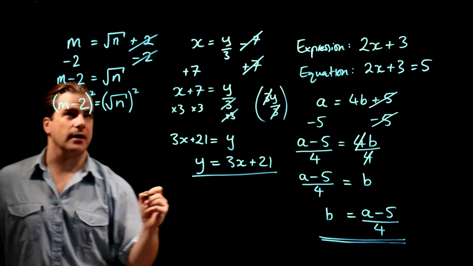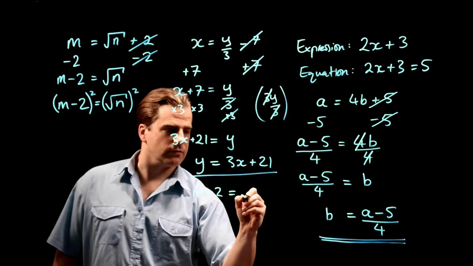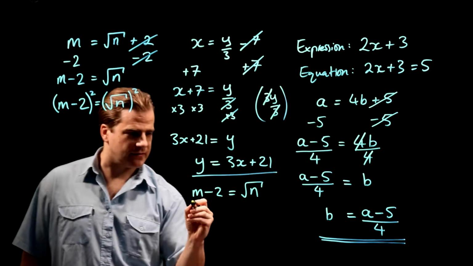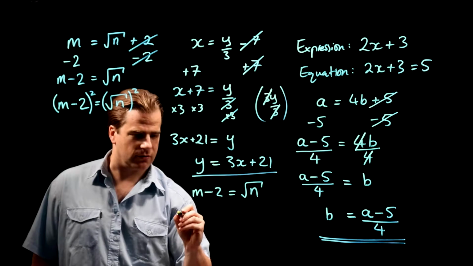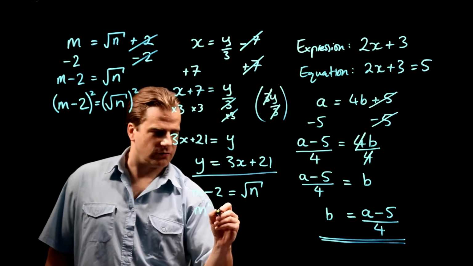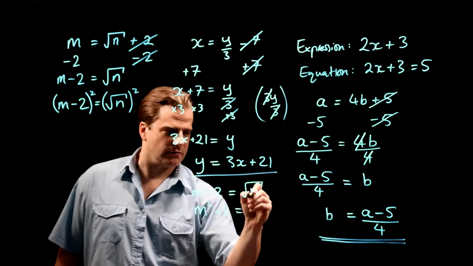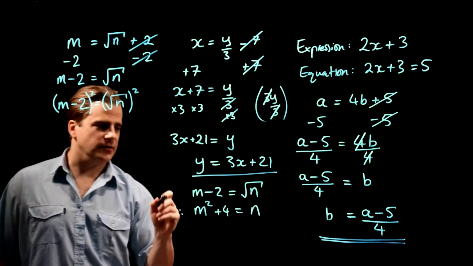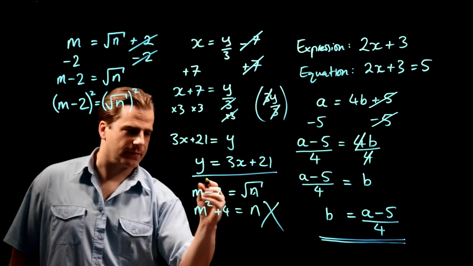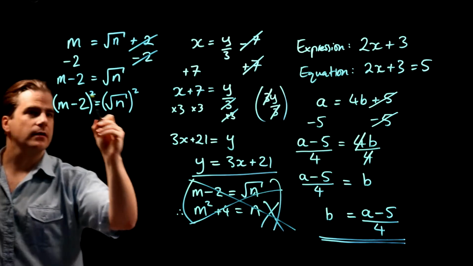It would be wrong, if you've got m minus 2 equals root n, to say, okay, well, therefore we'll just square everything: m squared minus 2 squared would be plus 4 equals square root of n squared is n. That's wrong. You can't just move along each term and square them. You have to square the whole thing.